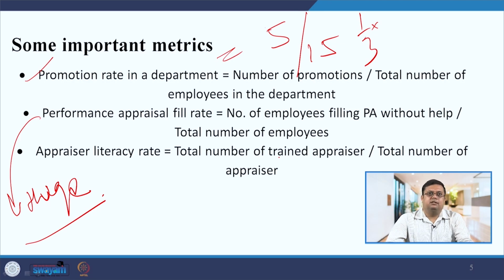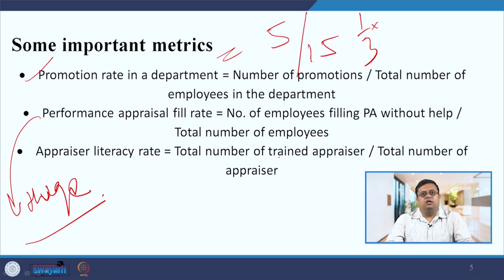This performance appraisal exercise is a very important exercise in any organization, because there are many decisions which are based on this particular form and this assessment of the employee: training, promotion, transfer, best employee, poor employee, best performer, worst performer. All these decisions you are going to take on the basis of this, right. So, you have to ensure this data is collected appropriately, and you will be able to collect quality data only when literacy about this performance appraisal form is very high.